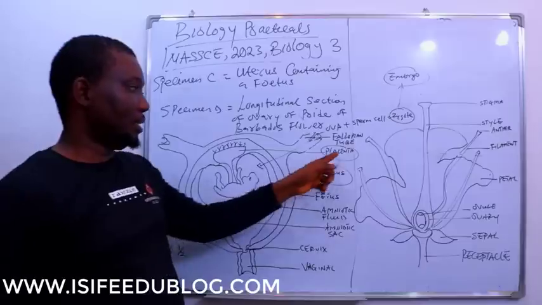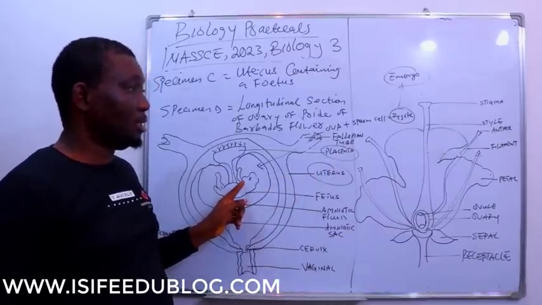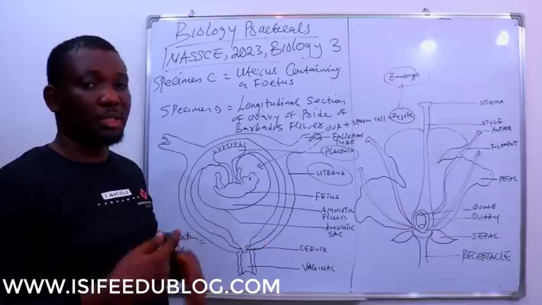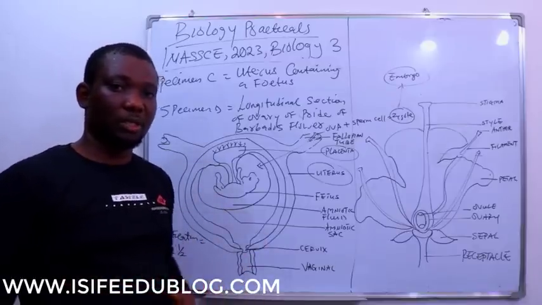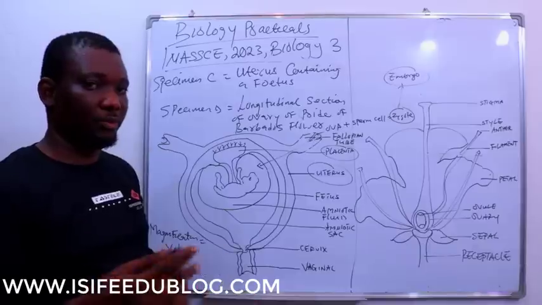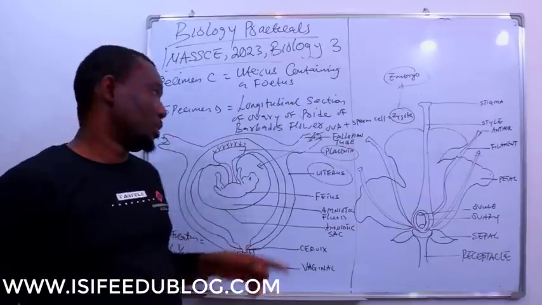Subsequently, it is through this placenta that the zygote, the embryo, gets nourishment from the mother. Nutrients, exchange of gases, and exchange of wastes are all exchanged between the mother and the embryo through the placenta.